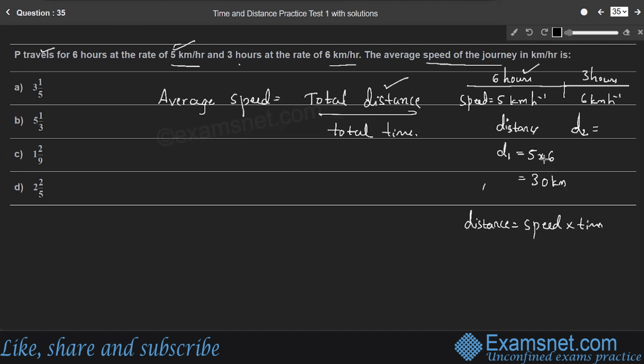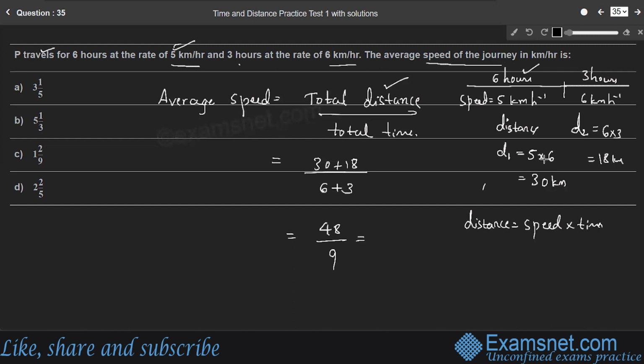In the last 3 hours, P travels 6 into 3, which is 18 kilometer. Hence, total distance traveled will be 30 plus 18 kilometer and total time is 6 plus 3 hours. Therefore, 48 by 9 is the average speed.